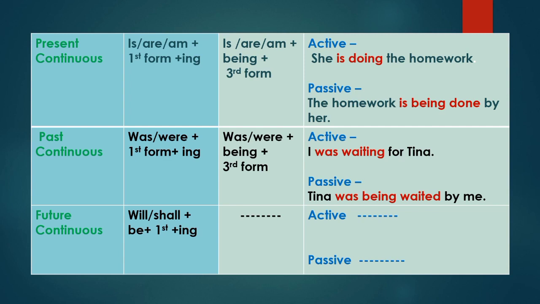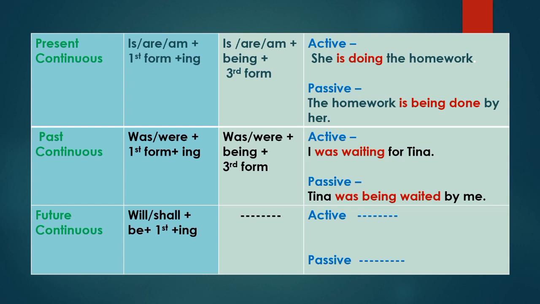Let us move to some other rules. If we already have a sentence which is present continuous and we have to convert it into the passive form, then we will use the third form along with being to the same helping verbs, such as she is doing the homework.